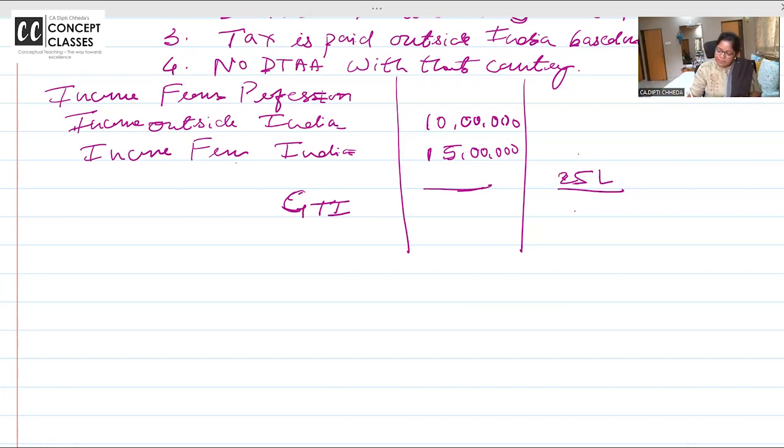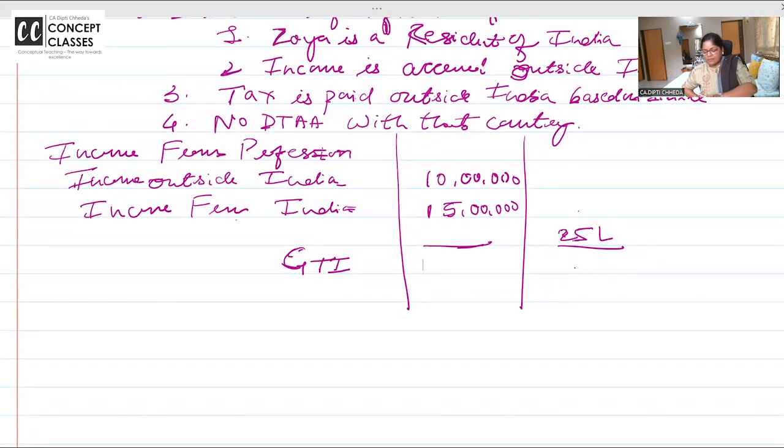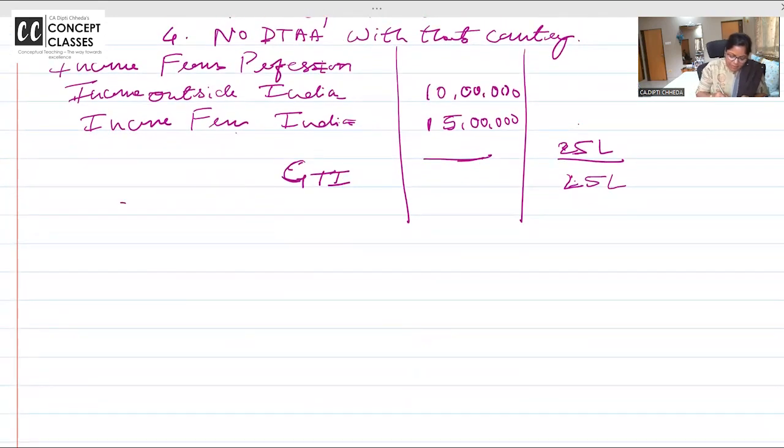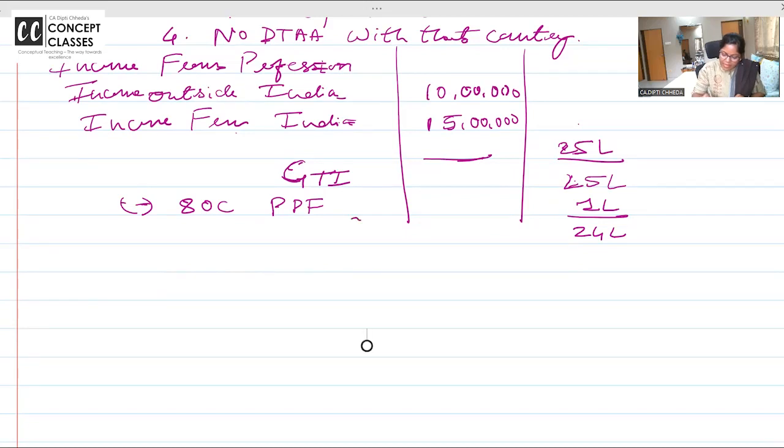Gross total income is 25 lakhs. Now, because he has put the money in PPF, he will get the deduction. How much? 1 lakh. So 24 lakhs is the total income.